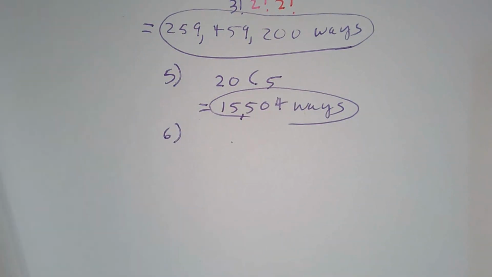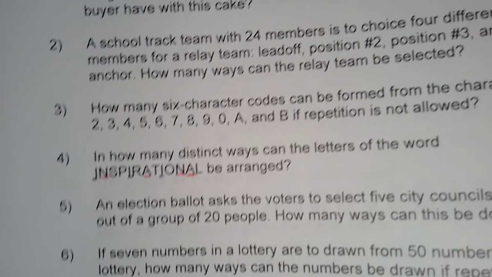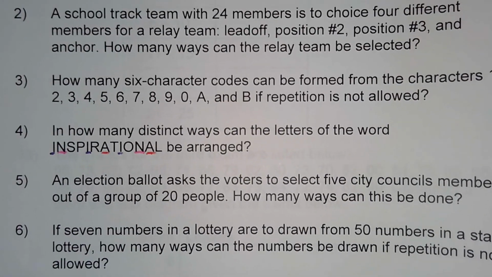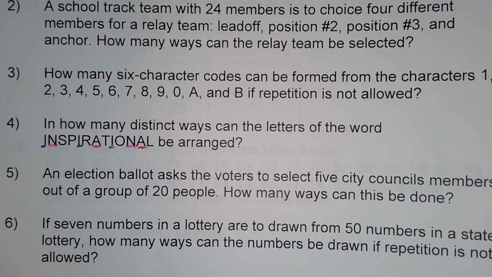All right, let's take a look at number 6. If 7 numbers in a lottery are drawn from 50 numbers in a state lottery, how many ways can the numbers be drawn if repetition is not allowed? So again, that's a combination.